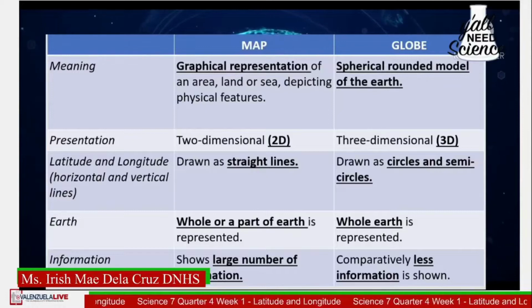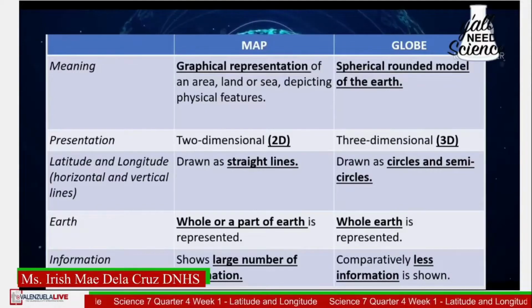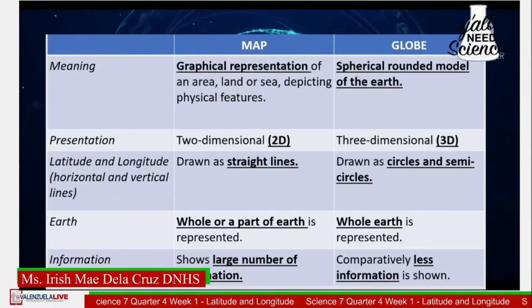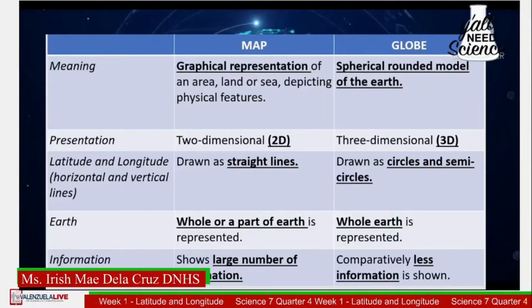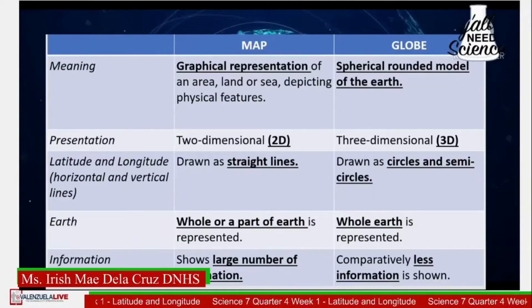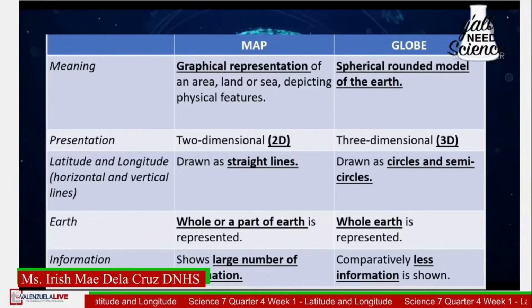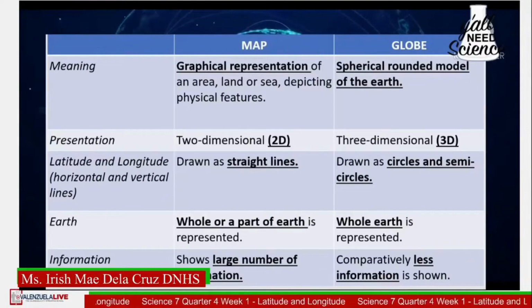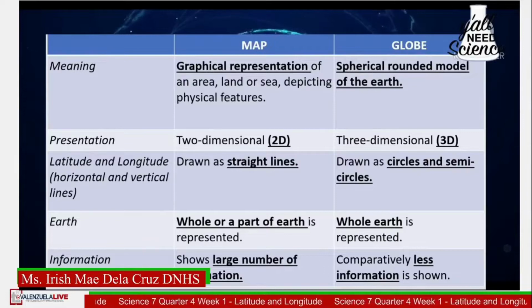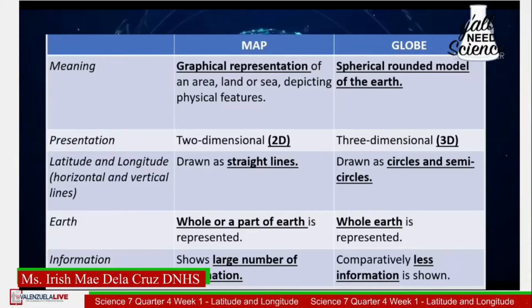The map is presented in two-dimensional, while the globe is presented in three-dimensional. In terms of latitude and longitude, or the horizontal and vertical lines of this, map is drawn as straight lines, while the globe is drawn as circles and semicircles.